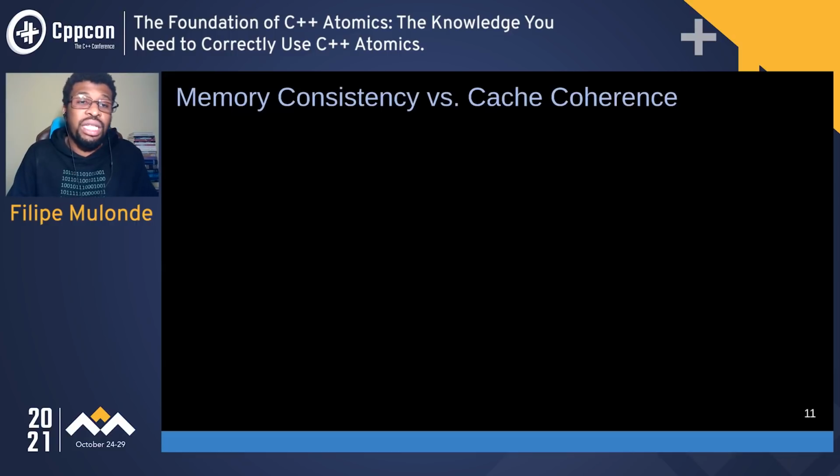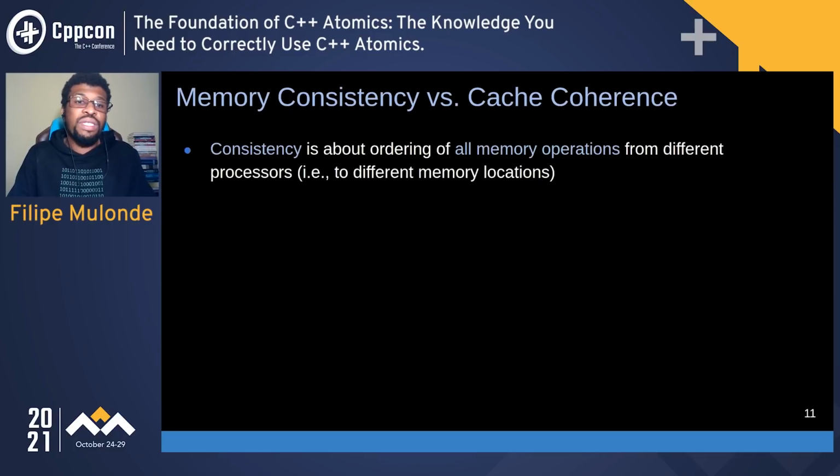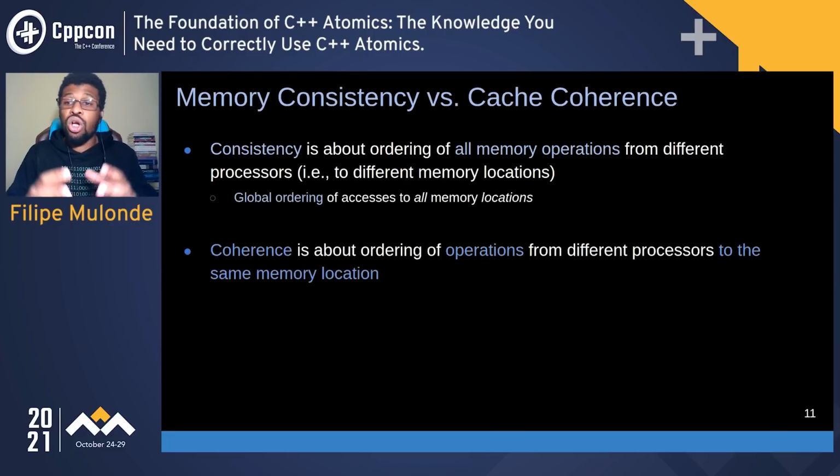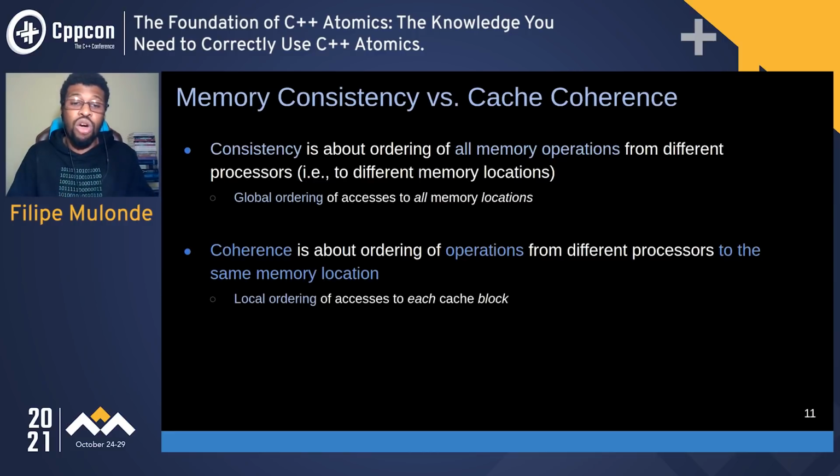Now let's talk about the difference between memory consistency and cache coherence. Consistency is about ordering of all memory operations from different processors, that is, to different memory locations, a global ordering of access to all memory locations. Coherence is about ordering of operations from different processors to the same memory location, a local ordering of access to each cache block.